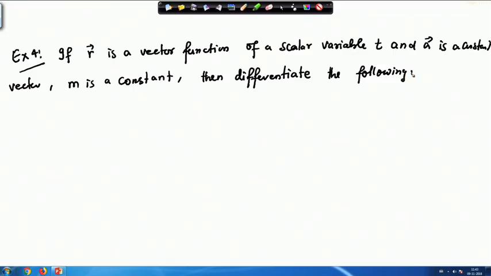So obviously we will differentiate with respect to t. So what are we differentiating basically? So we are differentiating R dot A.